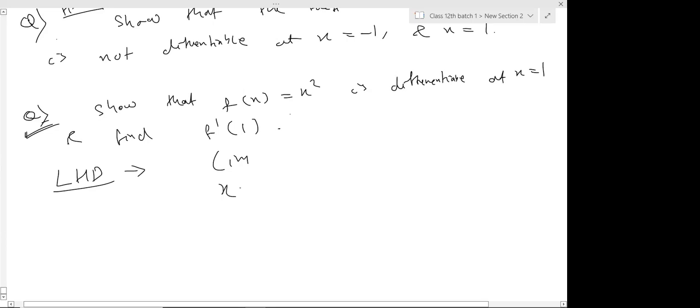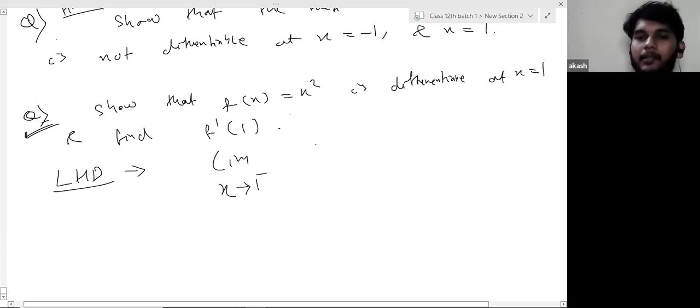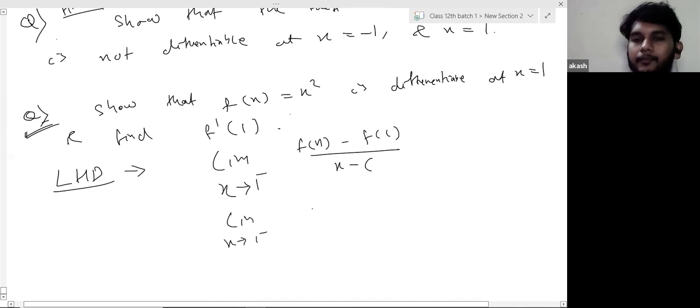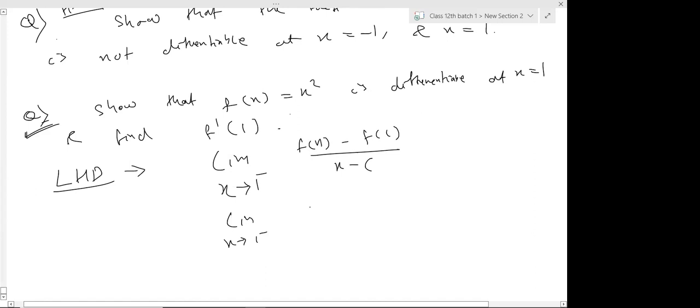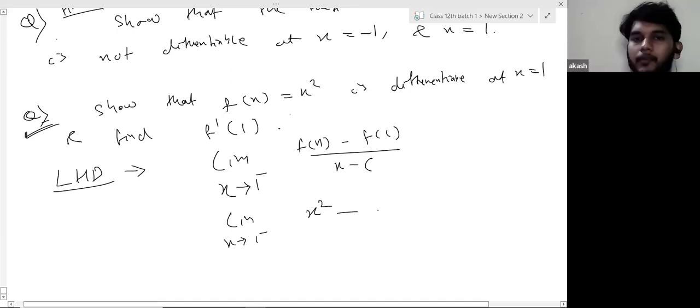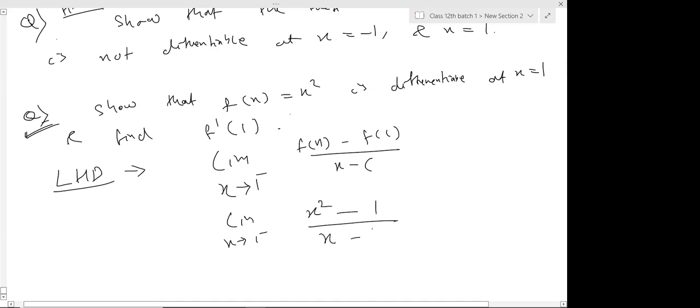So limit x tending to 1 minus, f of x minus f of c upon x minus c. So Krishna, what to write here? In place of f of x, x square, and f of 1 is 1, upon x minus 1.